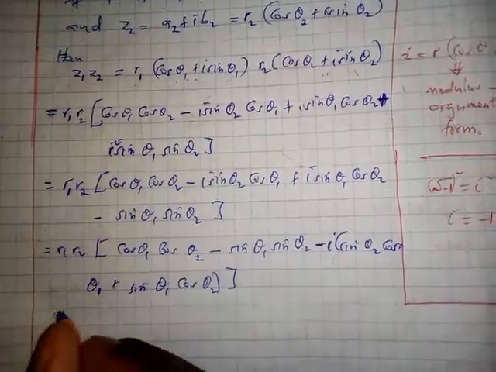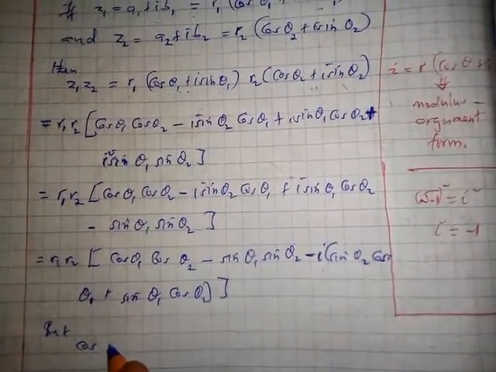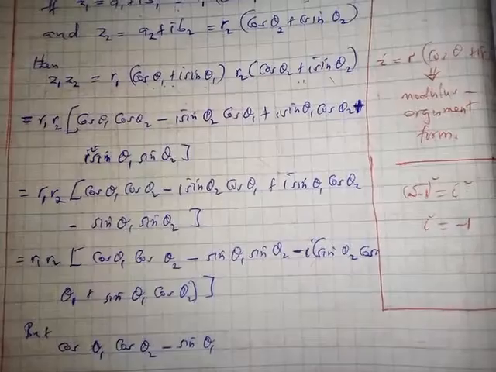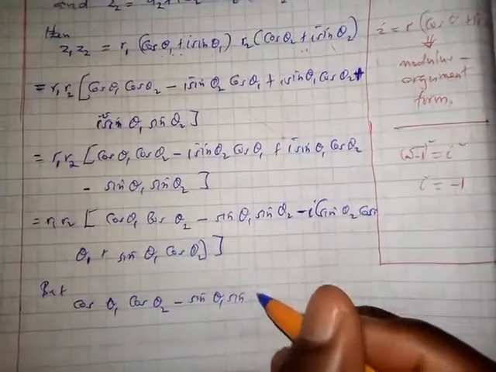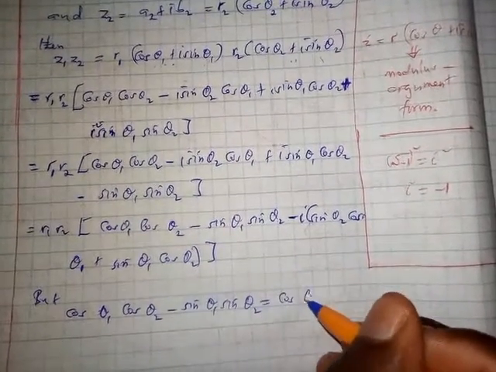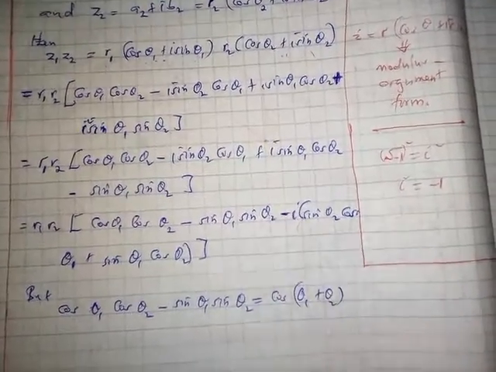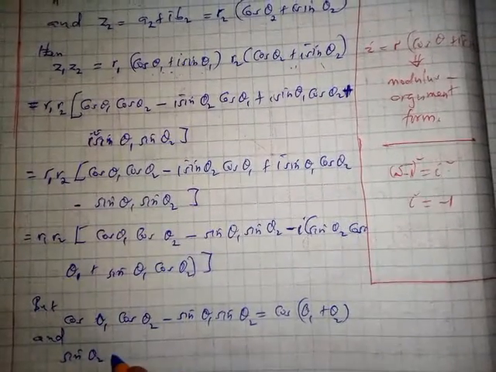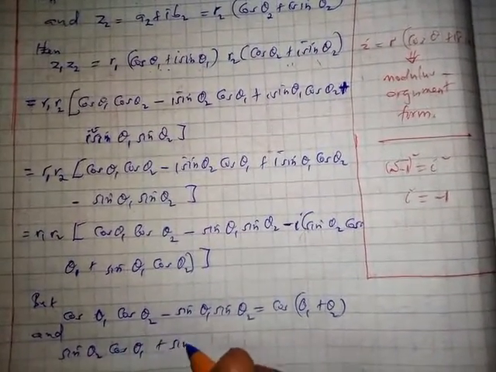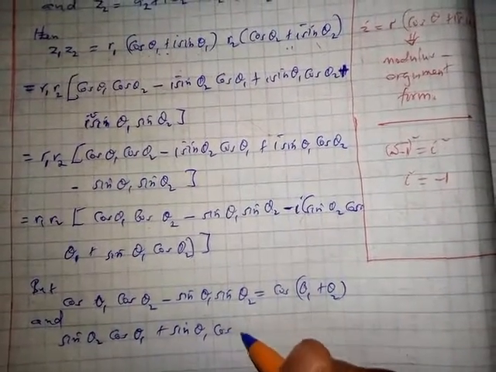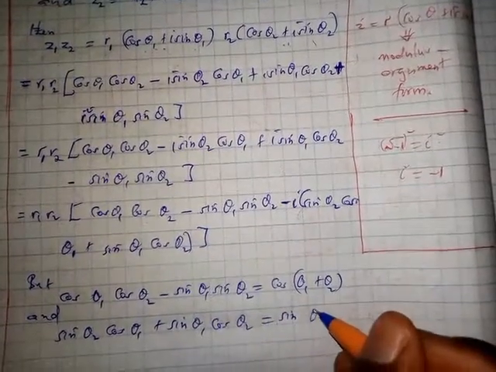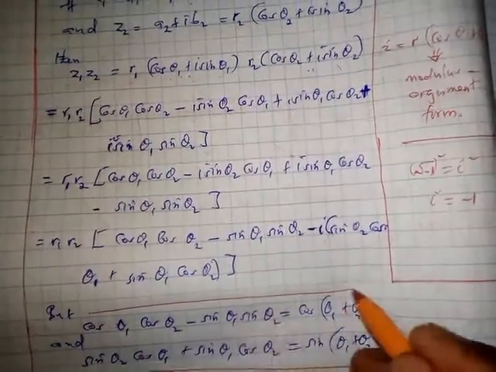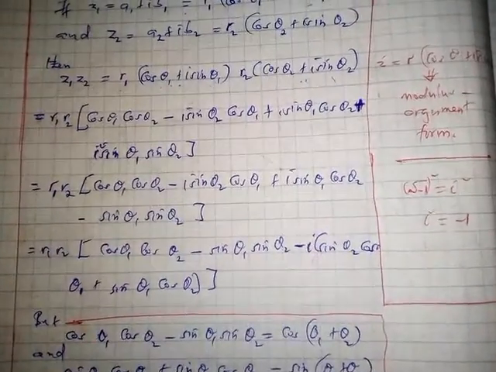But remember, cos theta 1 cos theta 2 minus sin theta 1 sin theta 2 is equal to cos(theta 1 plus theta 2), and sin theta 2 cos theta 1 plus sin theta 1 cos theta 2 is equal to sin(theta 1 plus theta 2). Are we there?